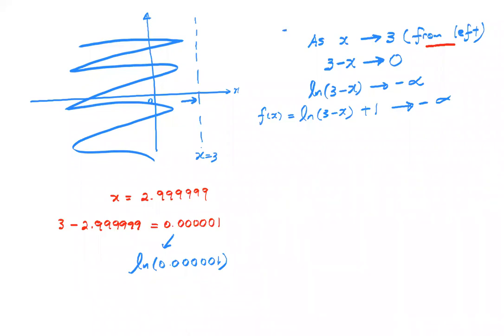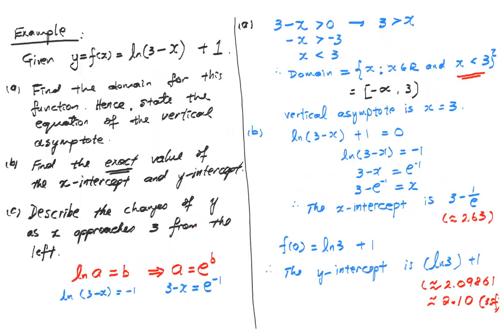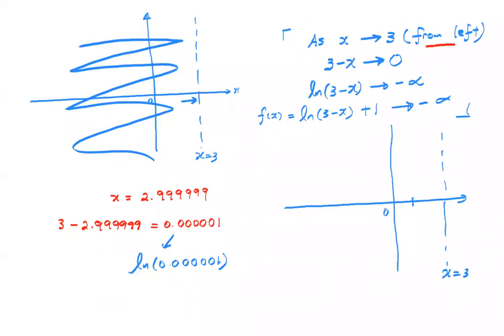So this is how you describe it. So from all the information that I have, I know this is the vertical asymptote, x equal to 3. And I know this is the x-intercept, which is approximately 2.63. 2.63 should be around here, the x-intercept, 3 minus 1 over e.